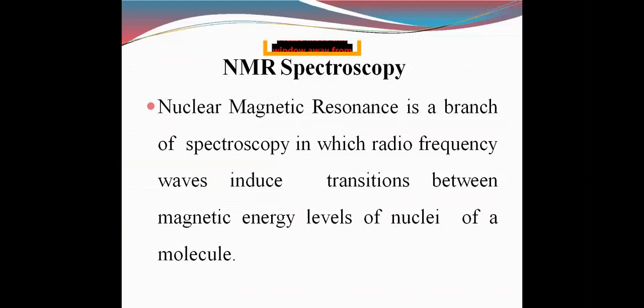And we had discussed also that when a low energy beam falls on any molecule, the nucleus will rotate, and due to the rotation of the nucleus a magnetic field is generated.